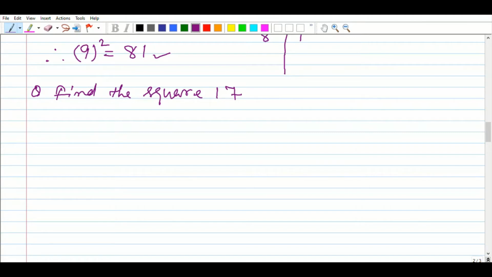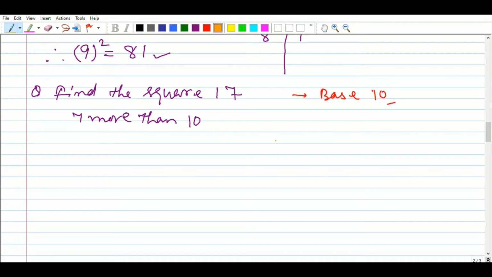Okay. 17 is 7 more than 10. It's clear. And base is what? We have taken base 10.